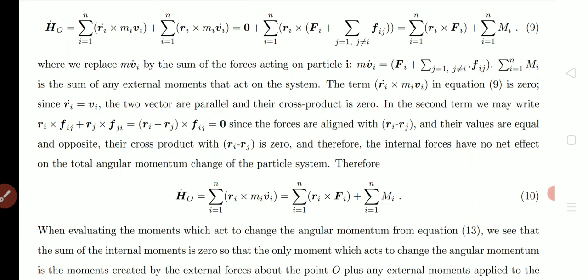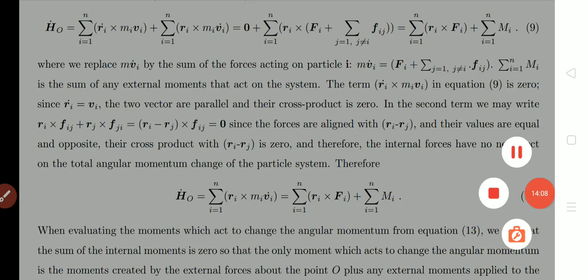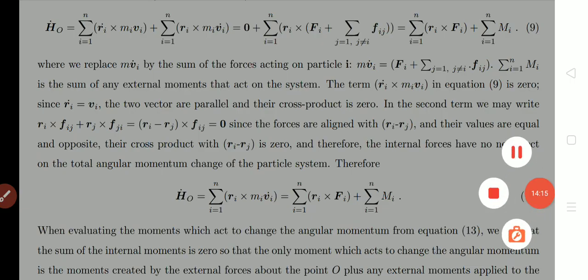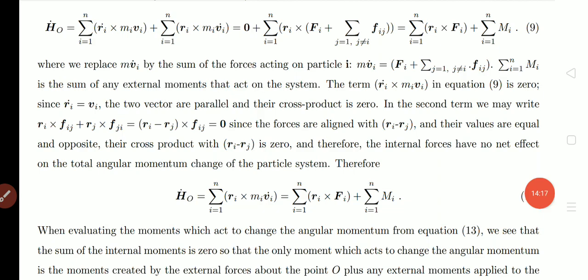The term r_i dot cross m_i v_i in equation 9 is 0, since r_i dot is equal to v_i, the two vectors are parallel and their cross product is 0.